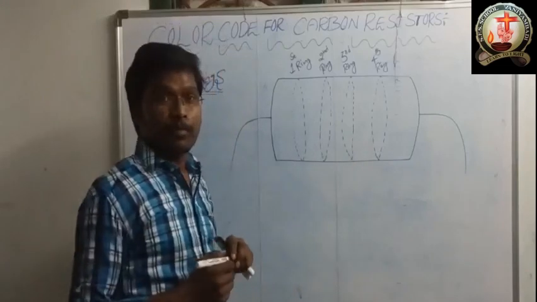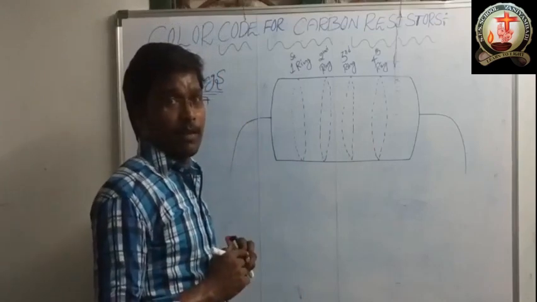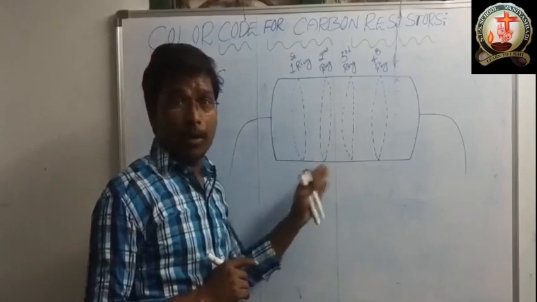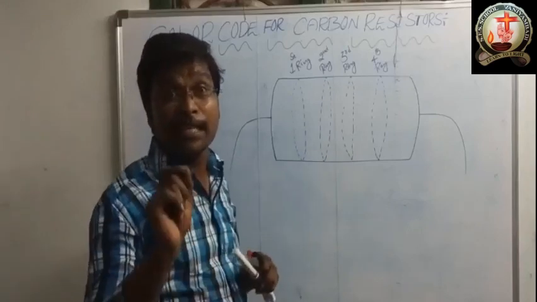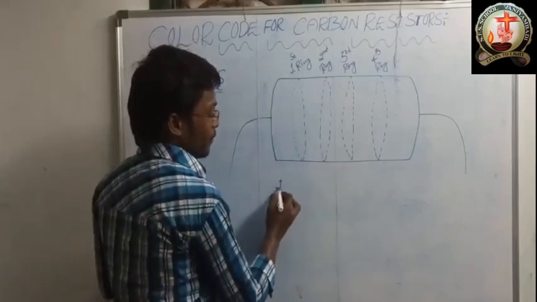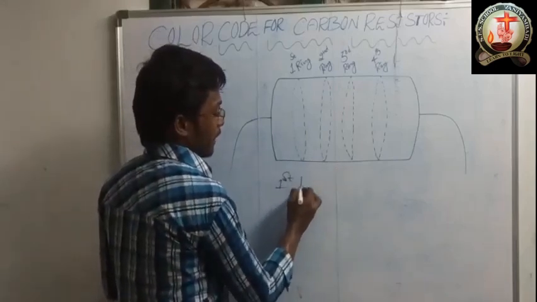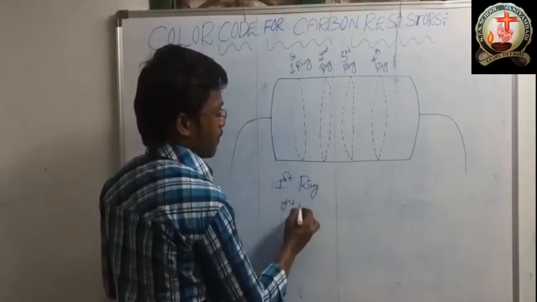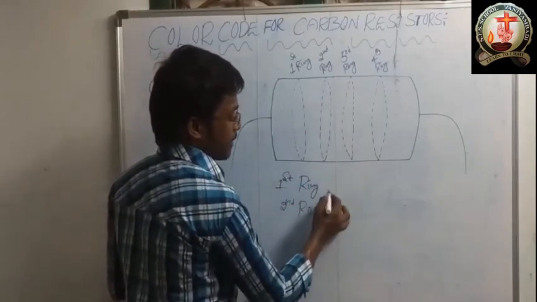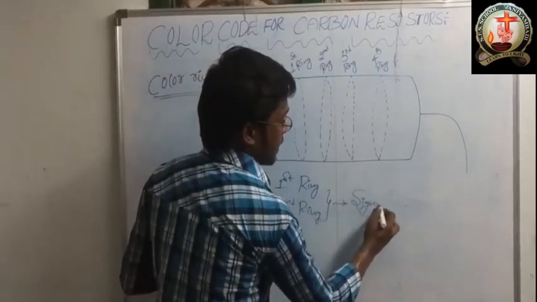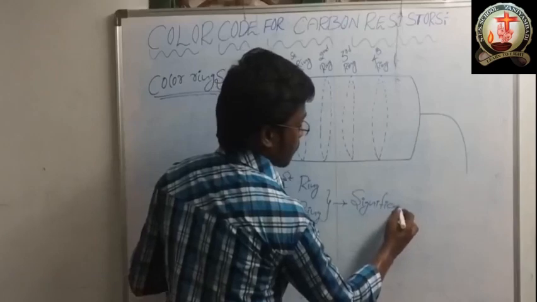Now, the first point is that the first and second color rings of this carbon resistor will indicate the significant figures. So the first ring and the second ring will indicate the significant figures.